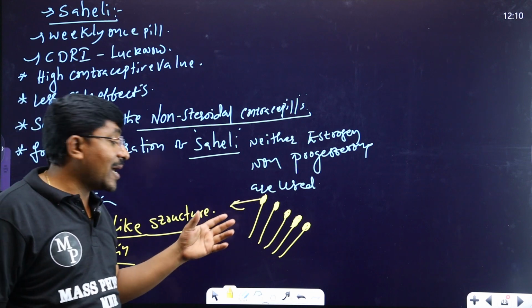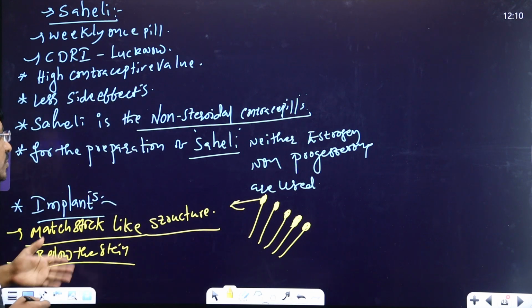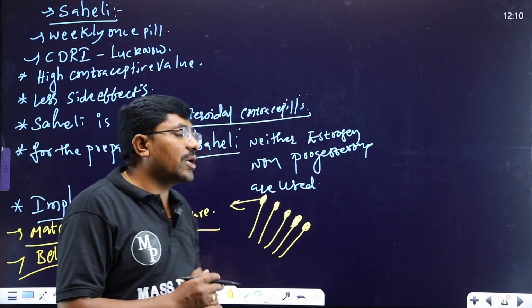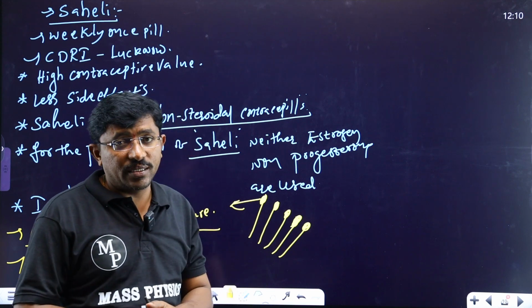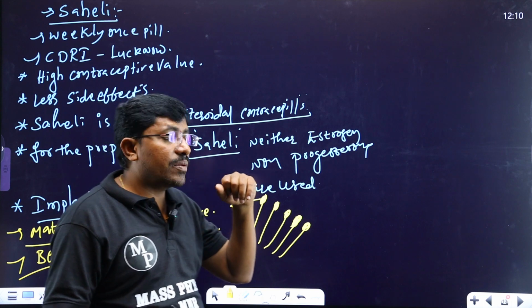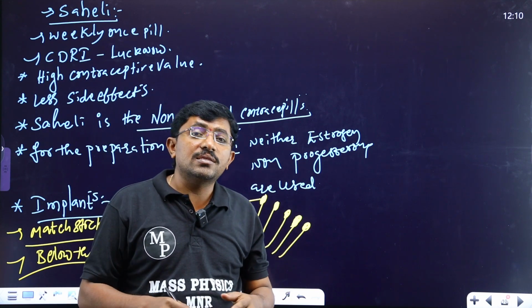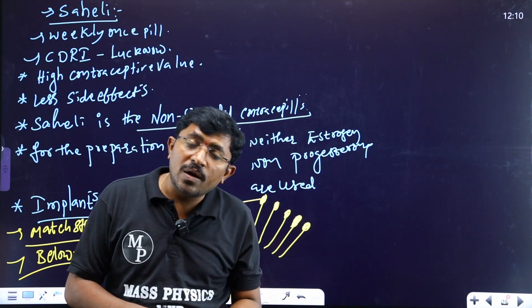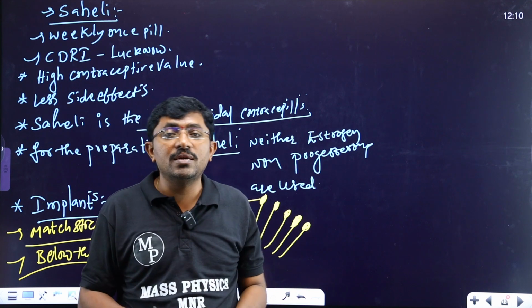Implants are matchstick-like contraceptive methods. So this is hormonal regulation. These are hormonal contraceptive methods. Mainly two hormones, estrogen and progesterone, are used here. Simply, estrogen and progesterone hormones are used for the maintenance of pregnancy.